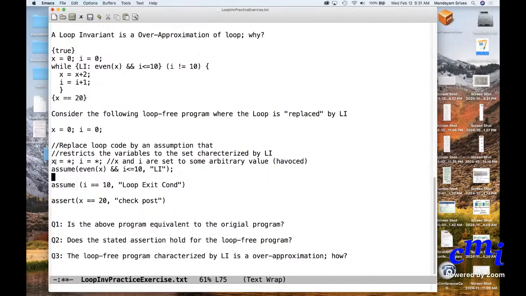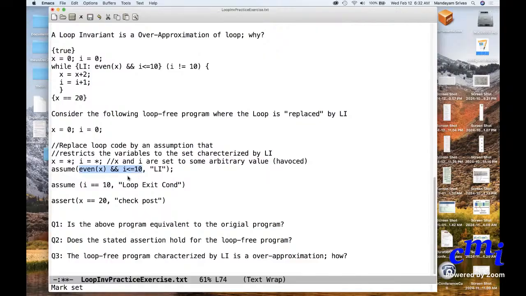The effect of these two statements is that I set x and i after the initialization to be some arbitrary value, and then assume that it can take any value for which this loop invariant condition holds, which means x has to be even and i less than or equal to 10.